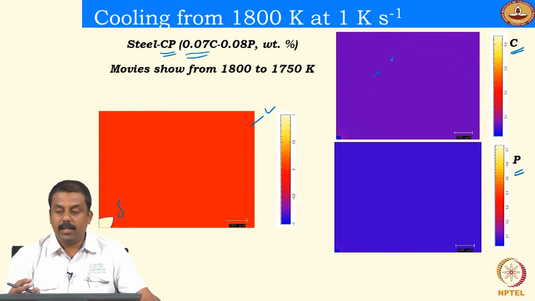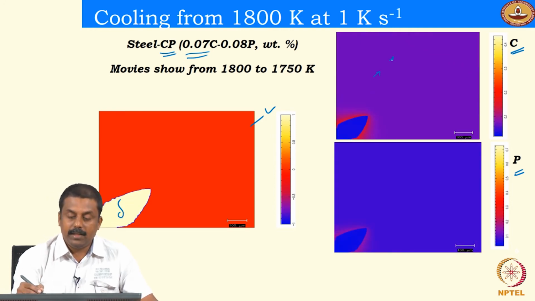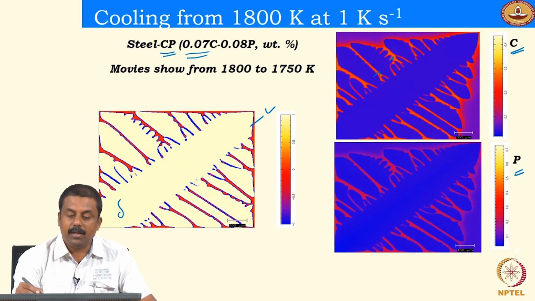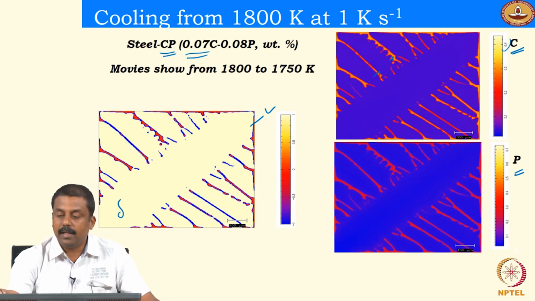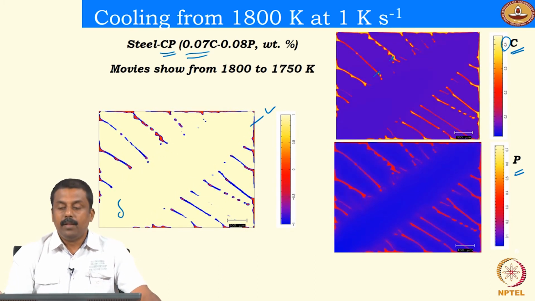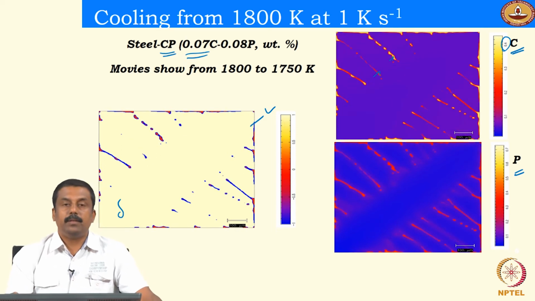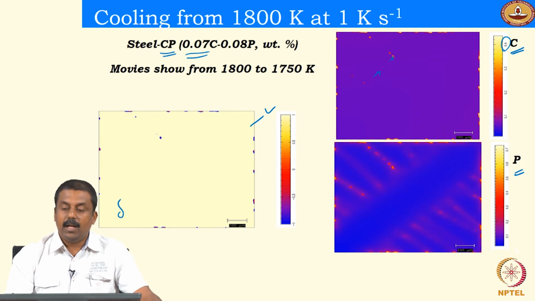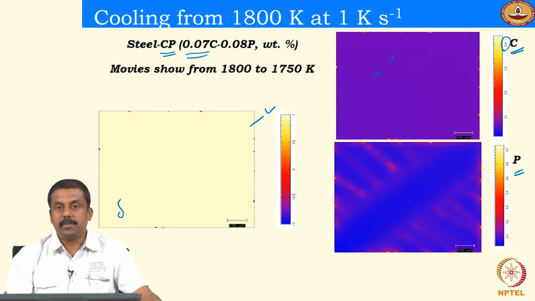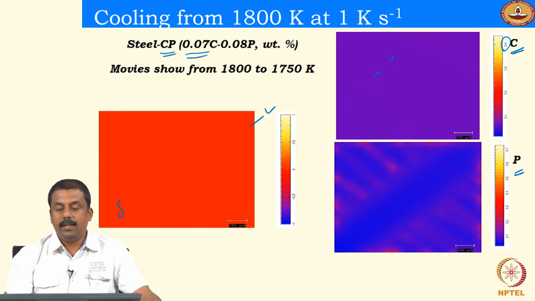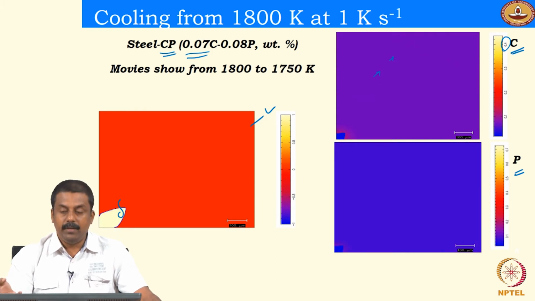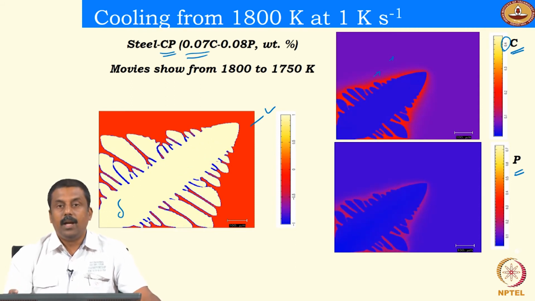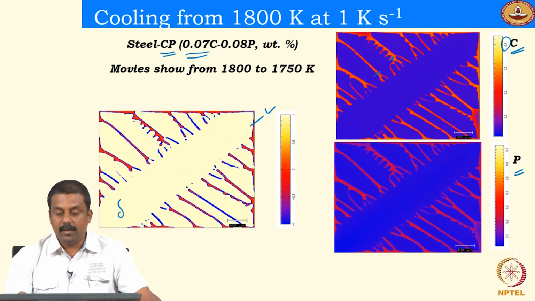Subsequently, at the dendritic boundaries, the carbon concentration can go as high as even 0.4. So even though you have a bulk carbon concentration of 0.07, because of the carbon partitioning during solidification, there is a severe enrichment of carbon atoms in the unsolidified liquid, and thereby the grain boundaries or dendritic boundaries in this case get embrittled.